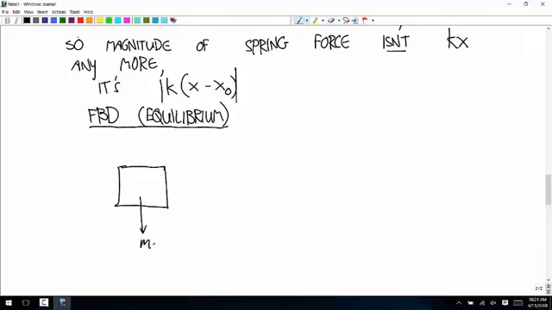We have the weight acting down. And the force of the spring, I'm going to draw it up. If x minus x sub 0 is positive, the spring's going to be pushing down. So this is going to be negative k times x minus x 0.